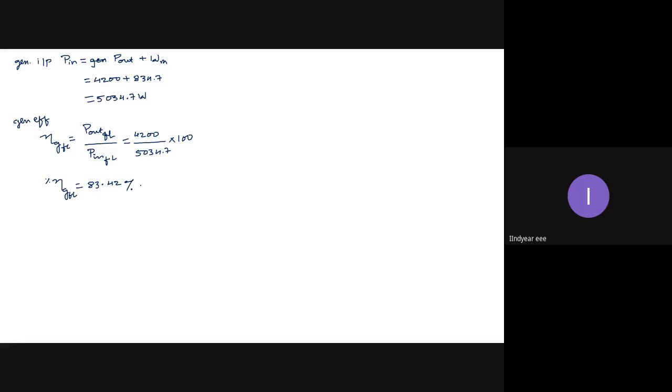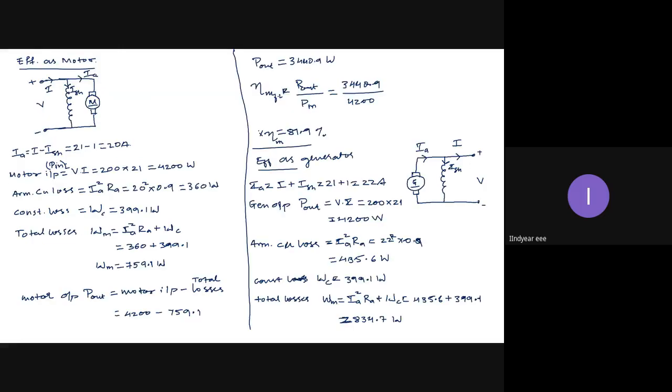Now I should find the generator efficiency at half the full load. Here we have to recalculate all the calculations we did for the generator, because when it is half the full load, the current drawn by the load I is I by 2.